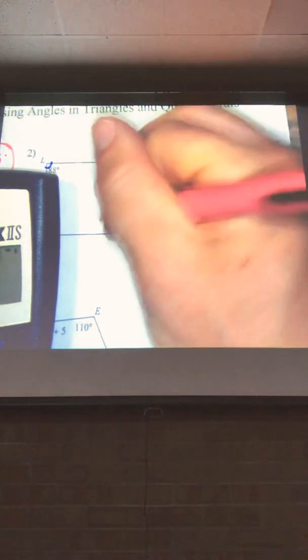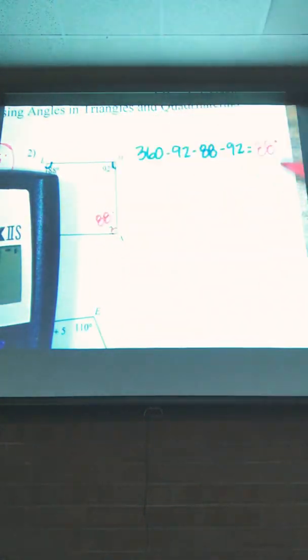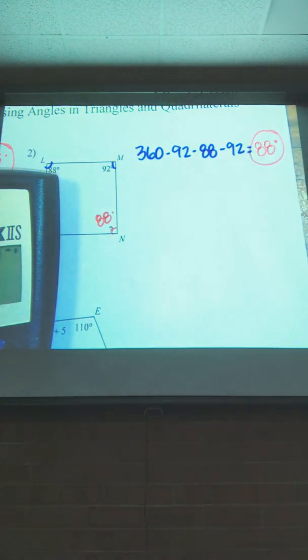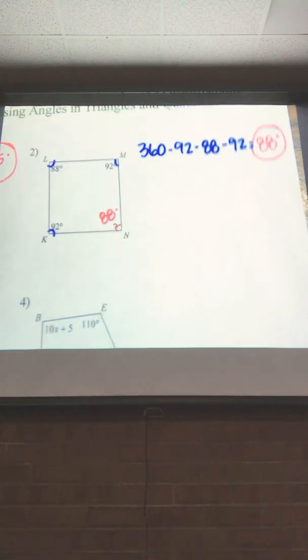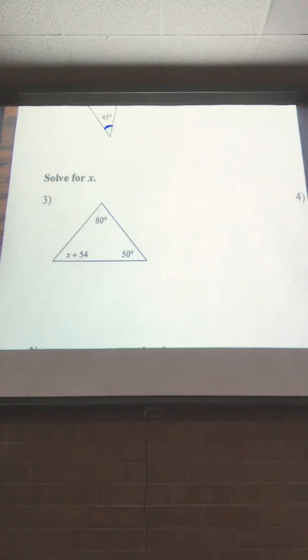In order for all of them to add up to 360, that fourth one has to be 88. Awesome. Okay, so if you didn't quite get that, remember you can always pause, rewind, whatever you want. That's the beauty of it being a video.